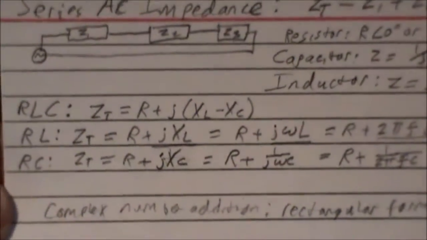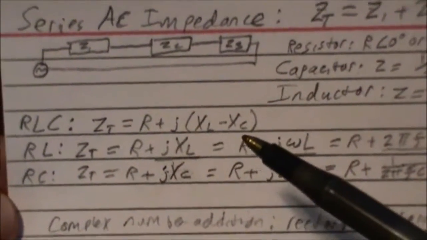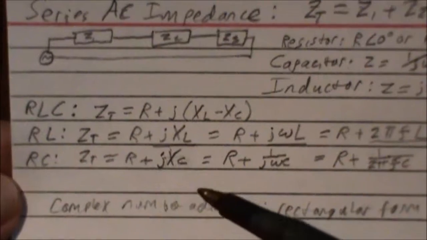So for an RLC circuit, Z total equals R plus j(XL minus XC), which we just reviewed thoroughly moments ago.